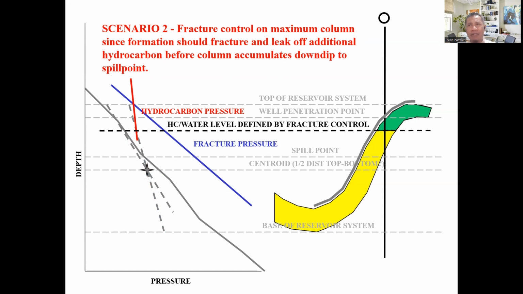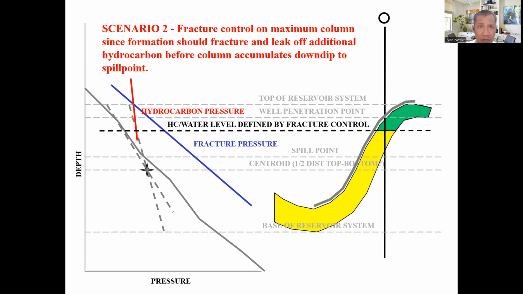In scenario number 2, the concept of fracture control on the maximum column suggests that fracture in the formation should occur, allowing additional hydrocarbon fluid to escape before the column of hydrocarbon accumulates and reaches the spill point, preventing the potential spill or leak.